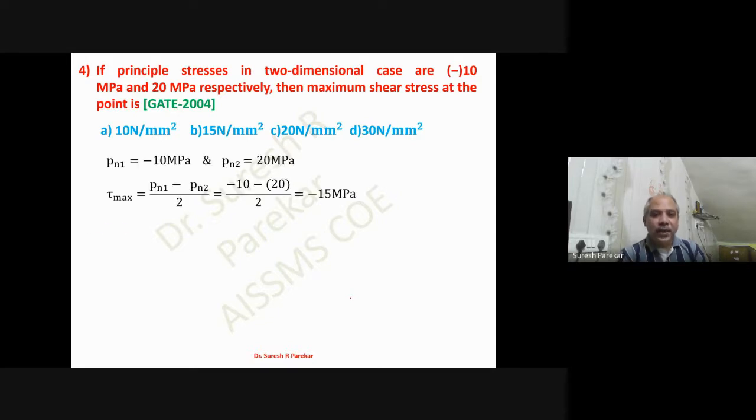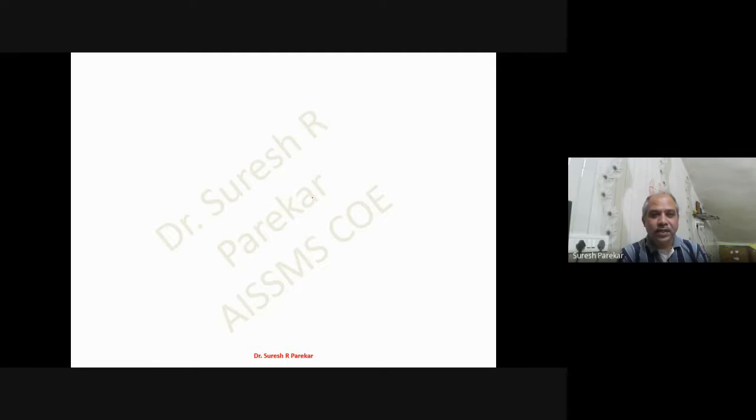So we can have option B. We should not take minus 10 as Pn1; Pn1 is always the maximum stress. So we write 20 minus of minus 10, which becomes 30, and 30 by 2 becomes plus 15. So the answer is B.